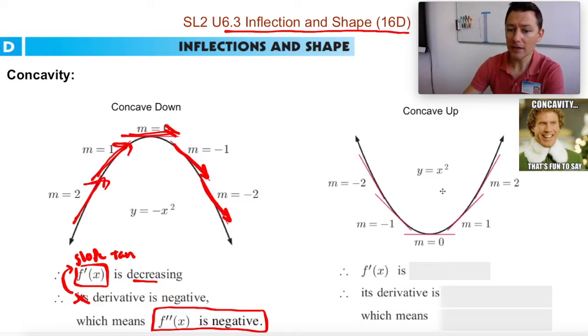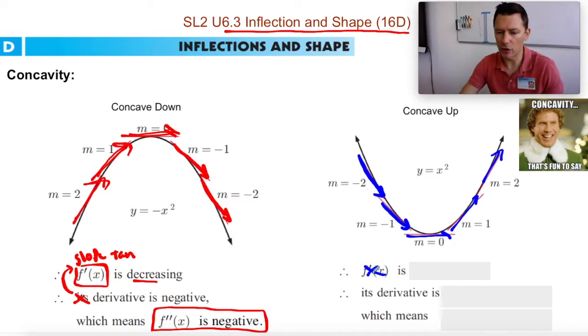Conversely, concave up happens with a right side up parabola, where on one side you'd have a negative slope, gets less and less negative, goes to zero, becomes positive, and becomes more and more positive. So you can call it f prime of x, but really it's the slope of the tangent. The slope of the tangent is increasing.